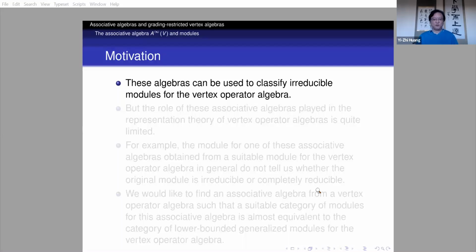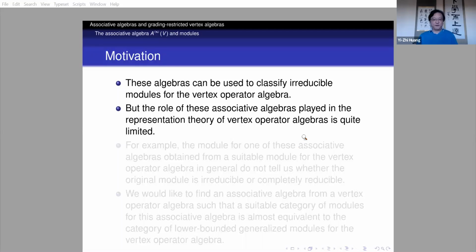So that's still not settled yet. These algebras like the Zhu algebra and so on can be used to classify irreducible modules, but the role of these algebras is really limited. I already discussed this.